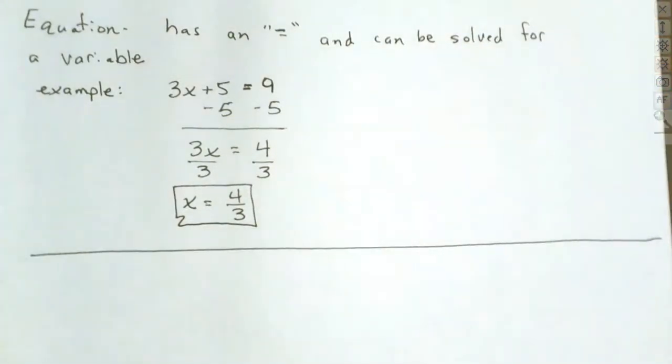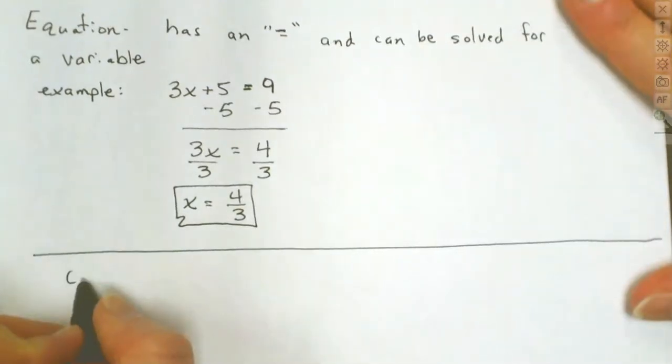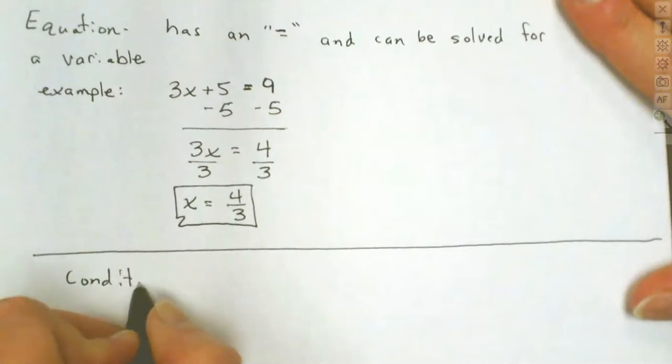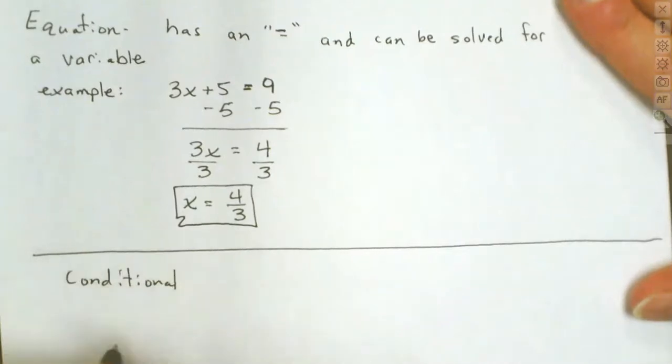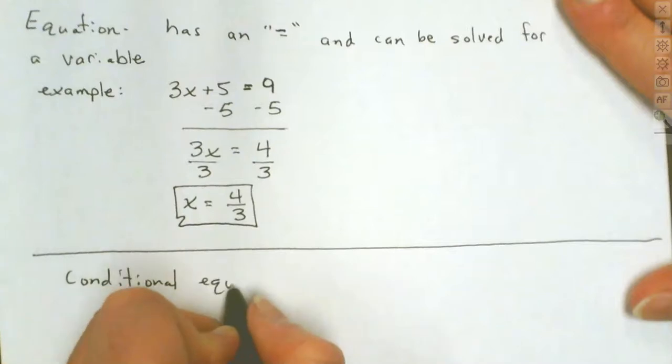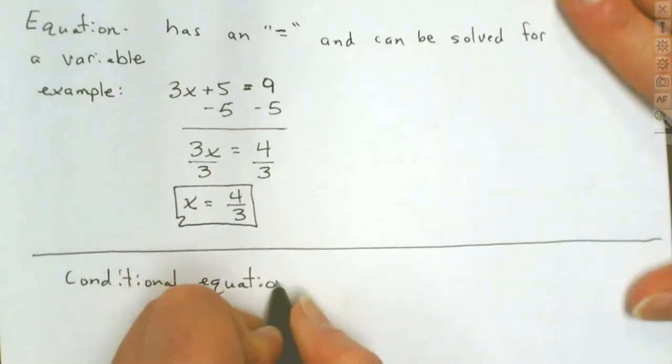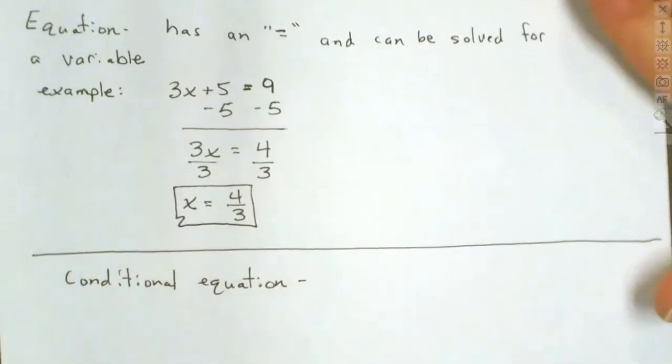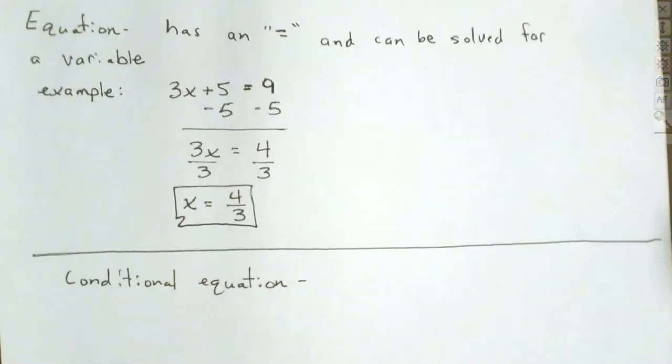Now we're going to look at the 3 different types of equations. And they are contradiction, identity, and conditional. So we'll start with a conditional equation. Our definition of a conditional equation is an equation that can be solved for a variable with an answer.